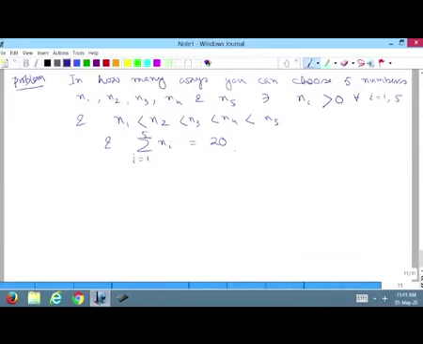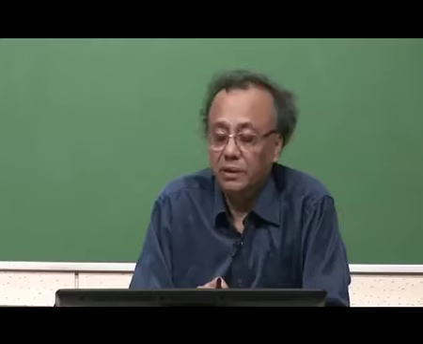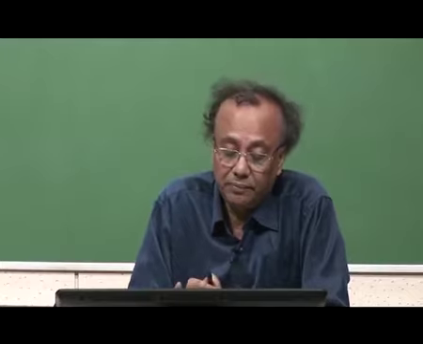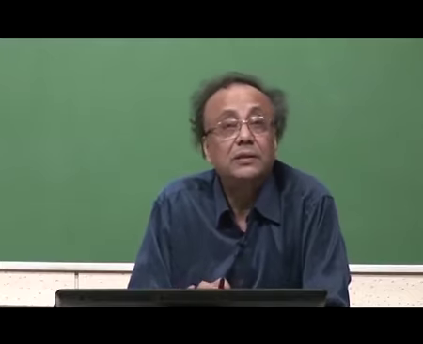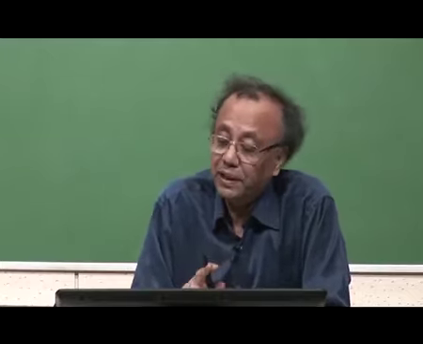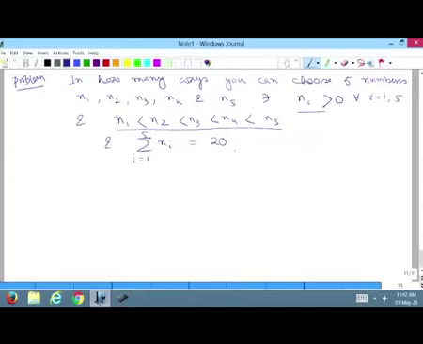So, this problem is slightly different. As you can understand, here all the 5 numbers will have to be different, that is, a number cannot be repeated, they are all greater than 0 and their sum is 20.